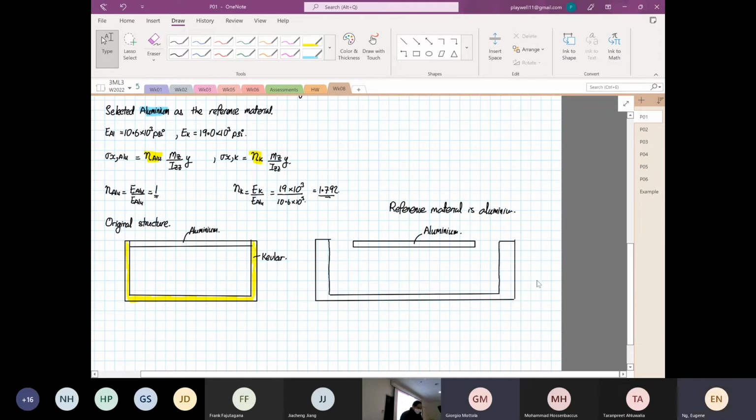Okay. So we replace the whole thing now. So for it to carry the same amount of load, right? If we replace Kevlar with aluminum, we have to increase its size.